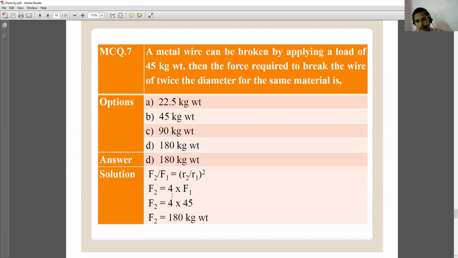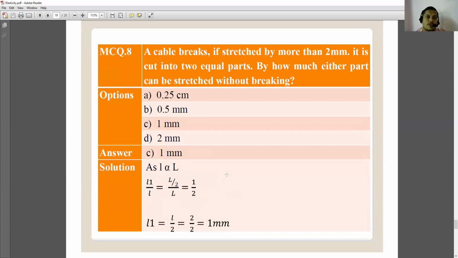So as usual it comes 4 into F1. What is the value of F1? It is 45. So we get F2 as 180 kilogram weight, which is our option D. So here, by knowing only a simple relation, we can easily determine this value. Then let us go to the next one.